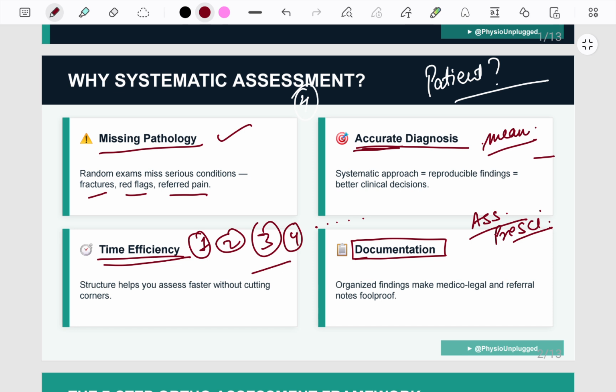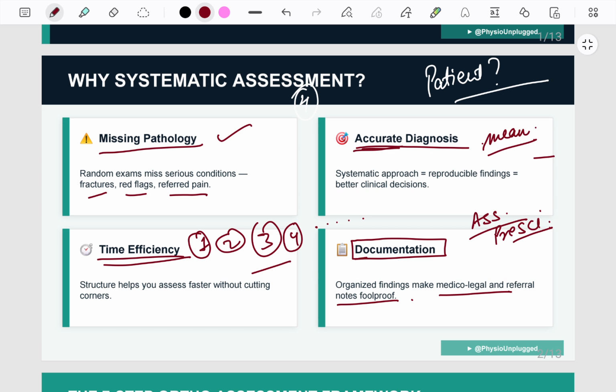So a clean organized finding makes our notes medico-legally defensible, so that tomorrow nobody can question you, saying you asked me to do this but I did that. So it basically acts as your legal and referral notes foolproof. Okay, that's why we do it this way.